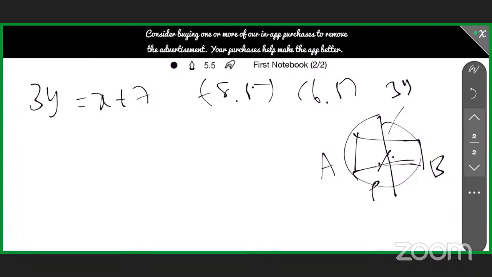That is done. Then we will find the diagonals of the rectangle. The center of the circle will be the intersection point of the diagonals, because the rectangle is inscribed in the circle.